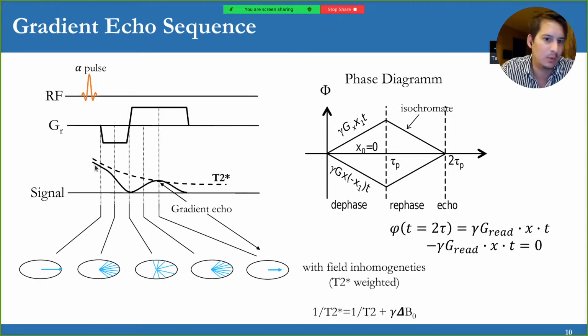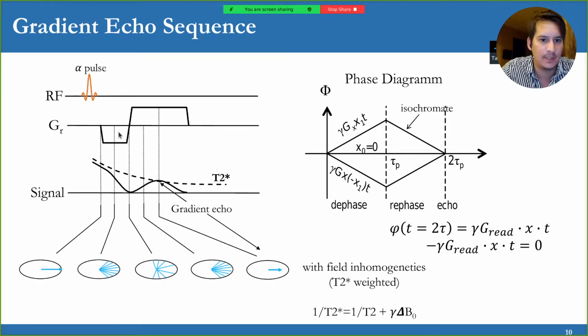So the decay will not be that important. It's not that relevant that you understand this phase diagram, but it's basically the same. The spins will fan out, and then you'll make an echo, but just by changing the precession direction. With a negative gradient, the spins will precess in, let's say, the counterclockwise direction, and then when you have a positive gradient, they will change the direction.